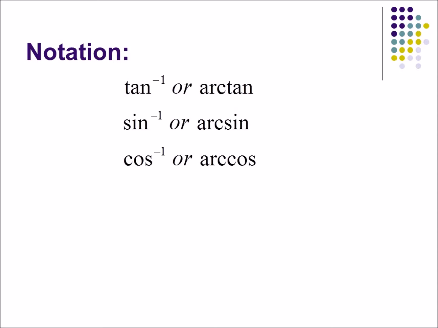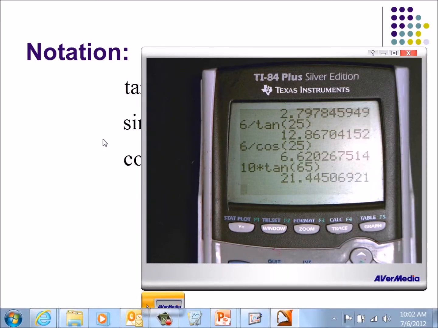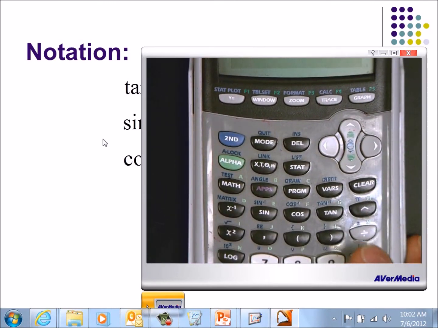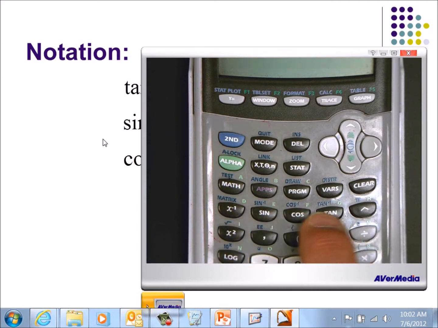If you look on your calculator keypad, right above the sine button, you'll see that notation sin with the -1 above it, and likewise for the cosine and tangent. So the inverse trig functions you access by first hitting the second key and then pressing those buttons.